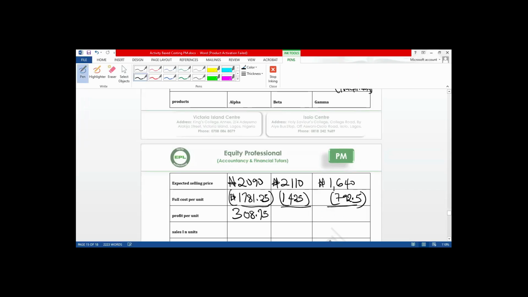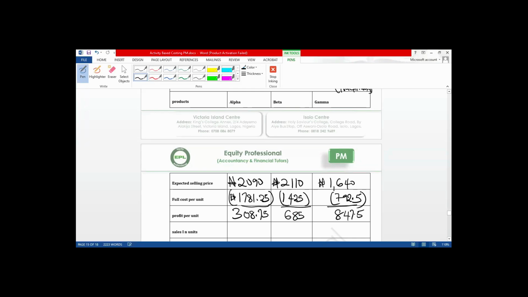Second one, for gamma, the second one is 685. This is 847.5.